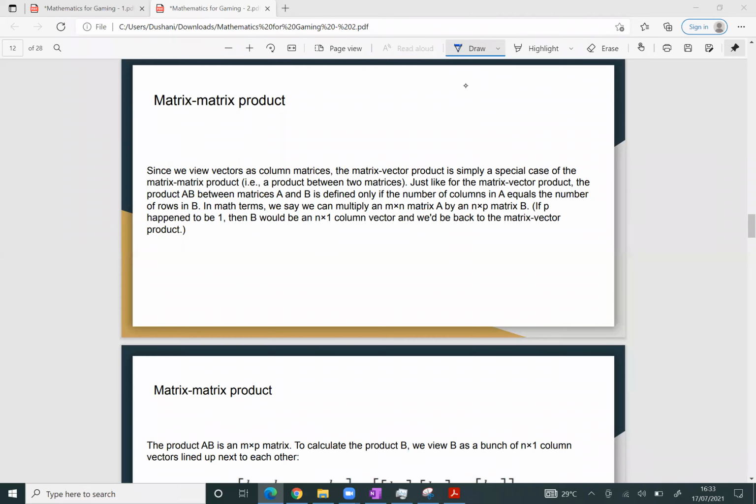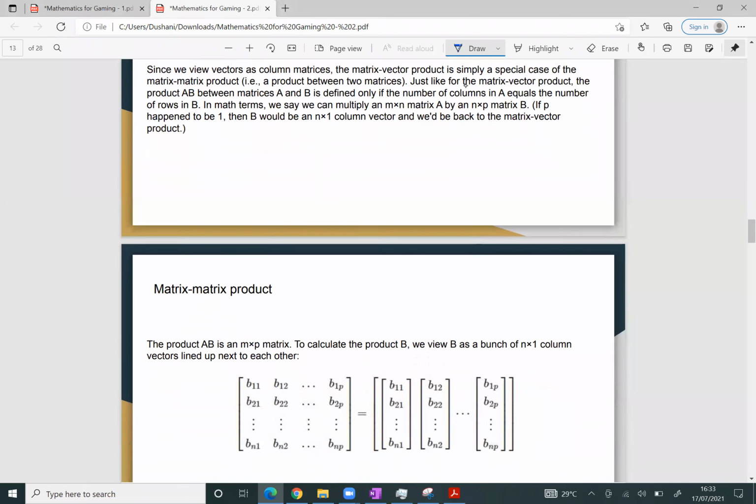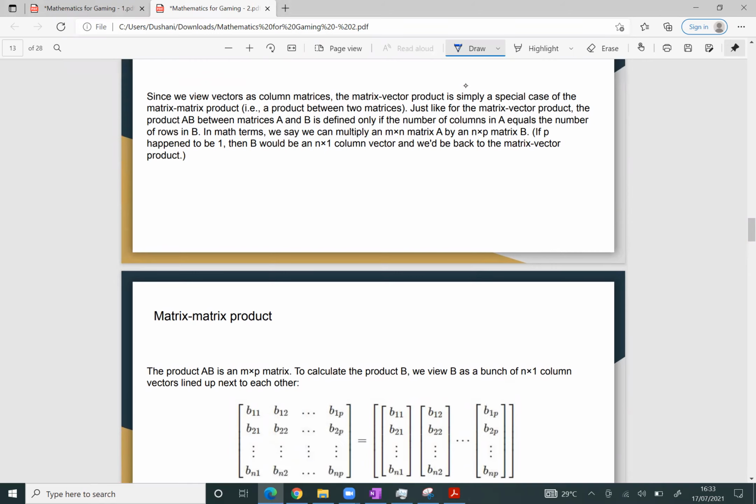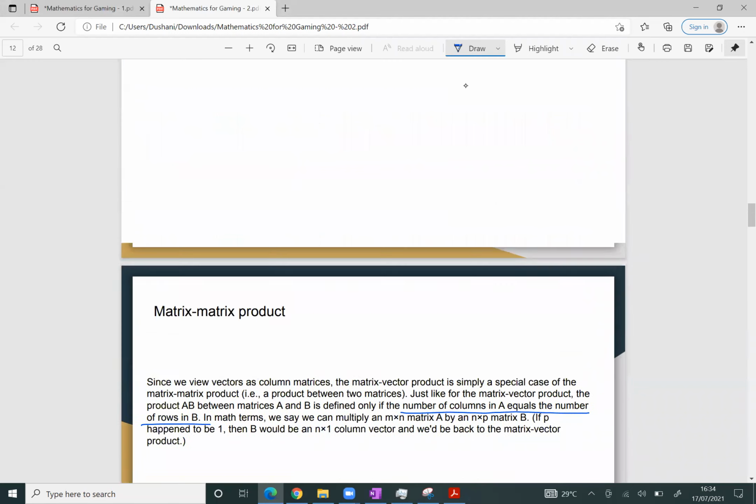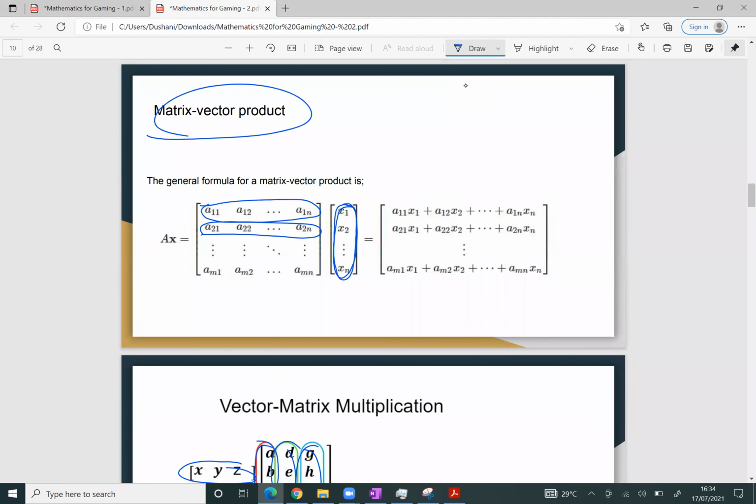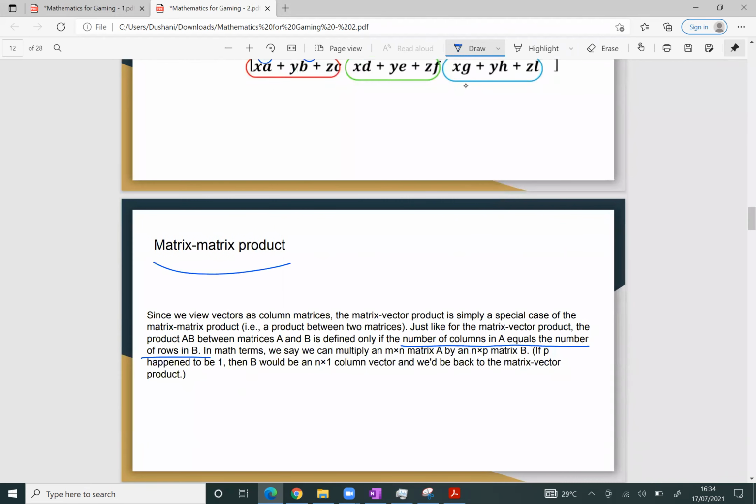Since we look at vectors as column matrices, the matrix vector product is simply a special case of matrix multiplication. So the multiplication between the matrices A and B is defined only if the number of columns in one matrix is equal to the number of rows in the other matrix. Okay, so this is a special case of matrix multiplication.